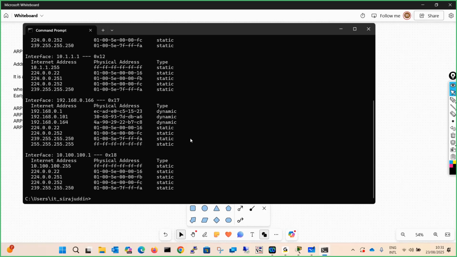Everyone can see these entries in their PCs, and see the type is dynamic, which means it will have a specific duration, right? Everyone is able to see this.